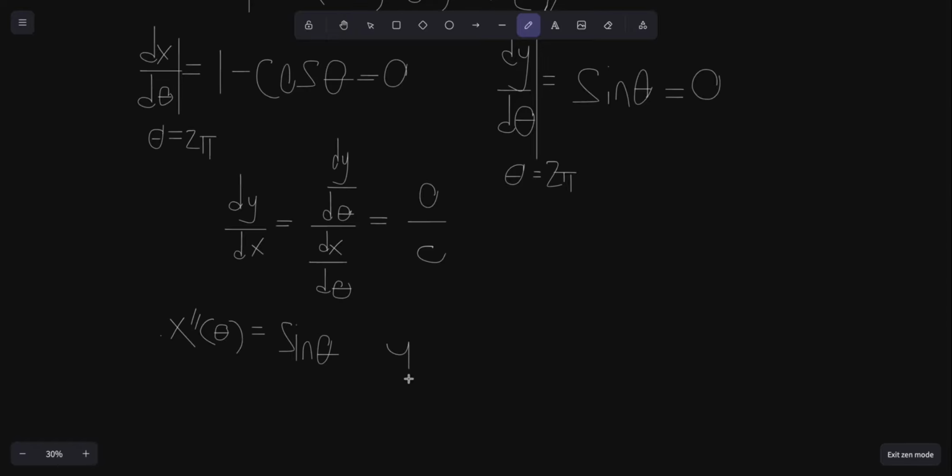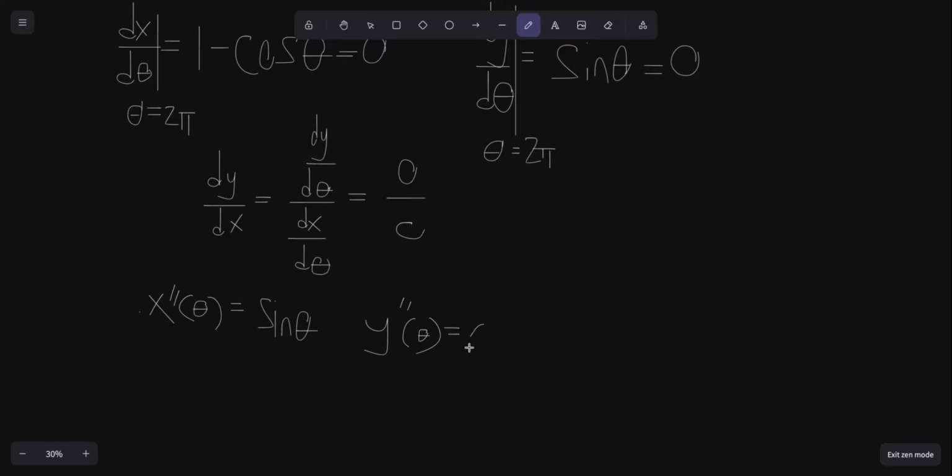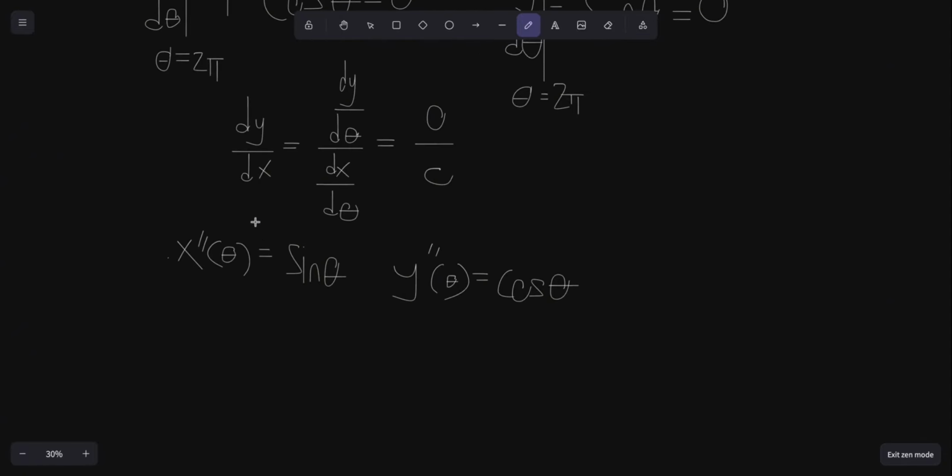And then the y component differentiated twice with respect to theta is going to give me cosine of theta. And so if we evaluate both at theta equal to 2 pi, well, what's sine of 2 pi? That's going to be equal to 0. And then what's cosine of 2 pi? That's going to be equal to 1.